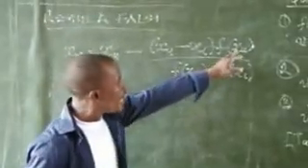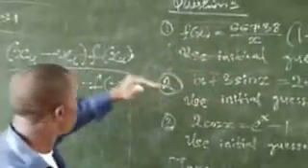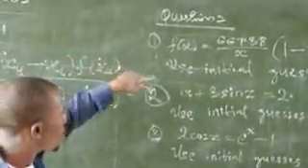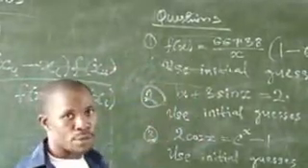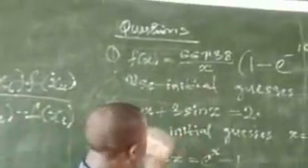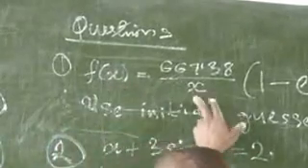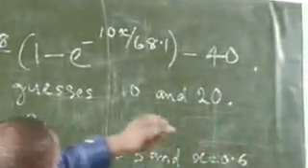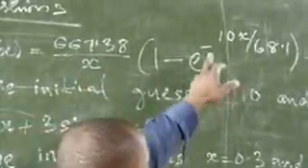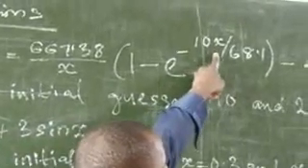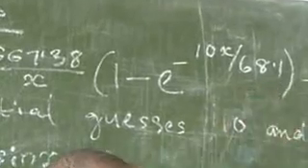And when you have f of XU, it means in each of these functions, the function value when you place the value for XU in place of X, wherever you have X, you use XU. Like in this example, in place of X, if I want to have f of XU, this becomes f of XU equals 667.38 over 20 into 1 minus exponential negative 10 times 20, because XU here is 20, divided by 68.1.